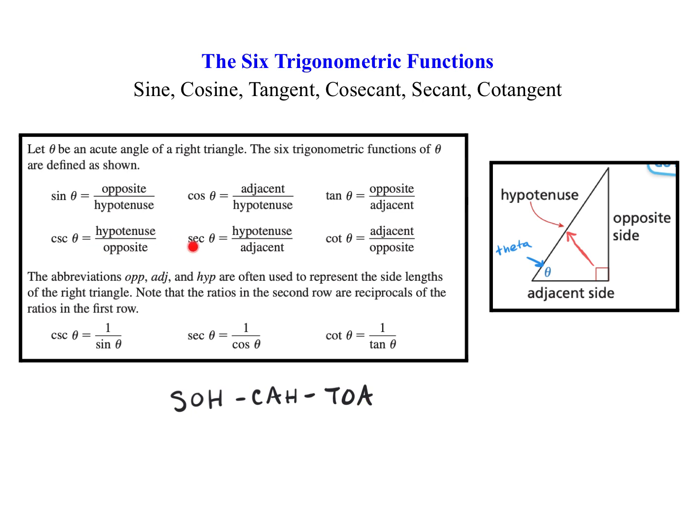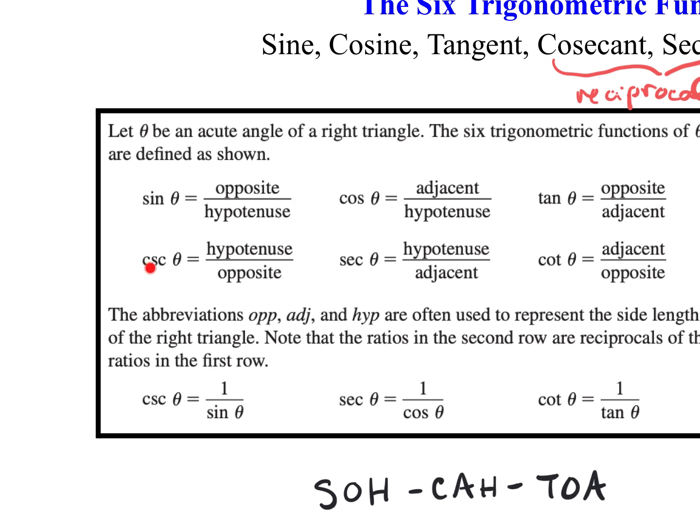So cosecant, secant, and cotangent, we call these 3 functions the reciprocal functions because their ratios are the reciprocals of the first 3. So if you look at cosecant right here, it's hypotenuse over opposite, which is the reciprocal of the sine ratio.